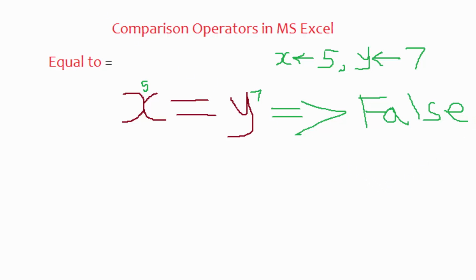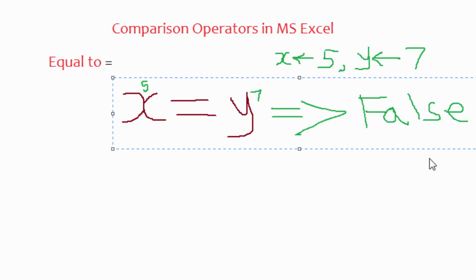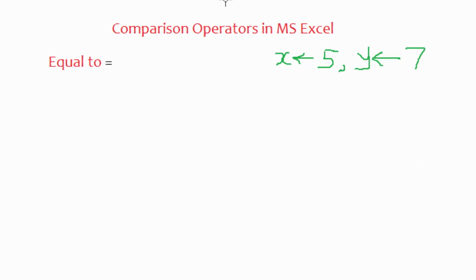Now, apart from this, you can as well use other comparison operators. The next one is greater than, and we use this symbol.